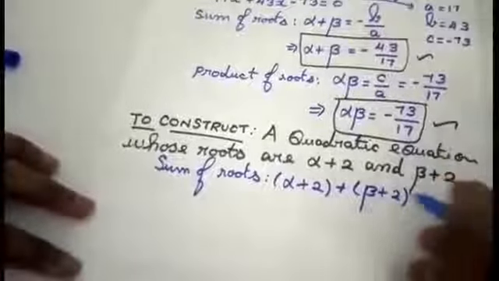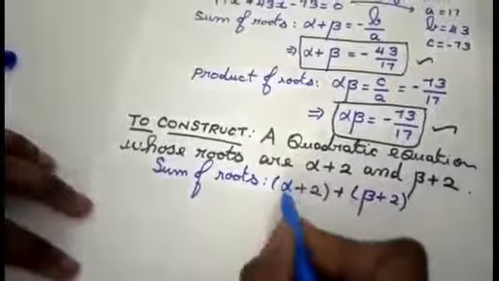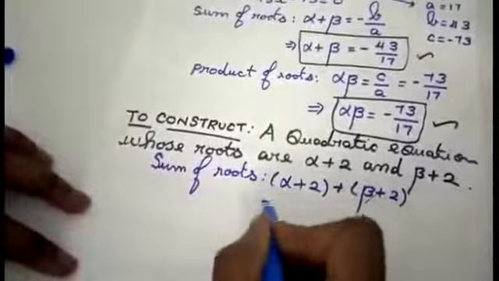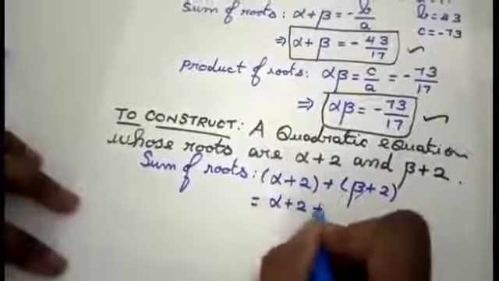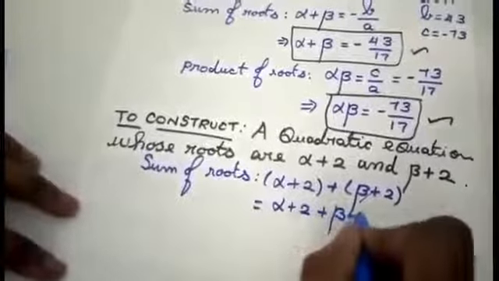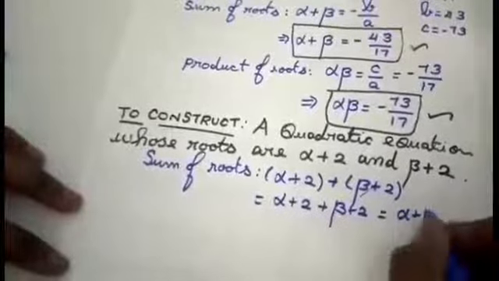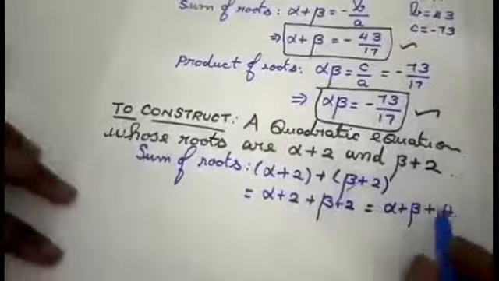We can't apply that concept because I am not having the equation. I am going to create the equation now. I am adding those two roots here. Now I am going to remove the bracket. If I remove the bracket, I will get alpha plus 2 plus beta plus 2, which is equal to alpha plus beta plus 4. If you add these values, you will get the value as 4.